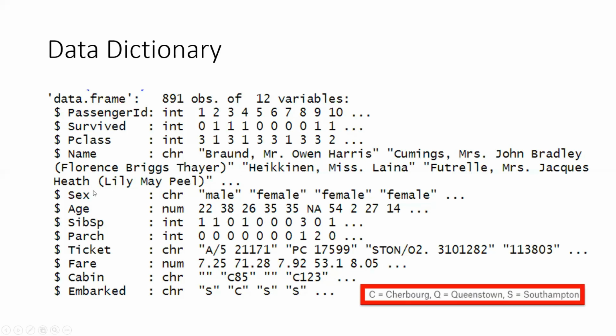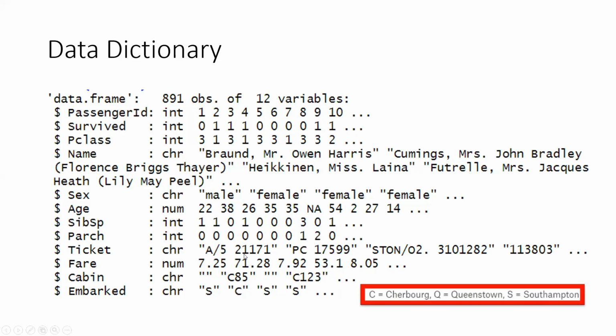Then sex, whether the passenger was a male or a female. Then age of the passenger, right? It has NA also. Siblings, if the passenger has brothers or sisters. Parch, if the parents were there or not.